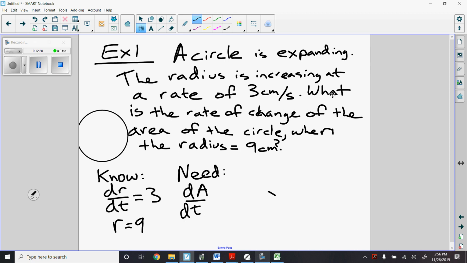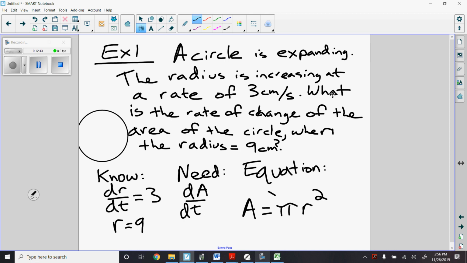So that's our equation that we're going to work with. And again, just as a reminder here, pi is simply a constant. We know it's approximately 3.14, but it's just a constant here.